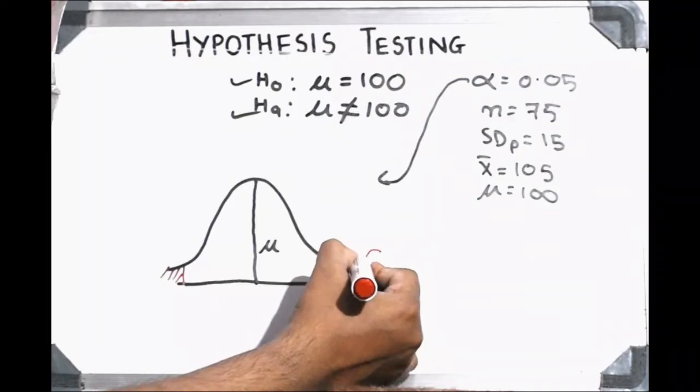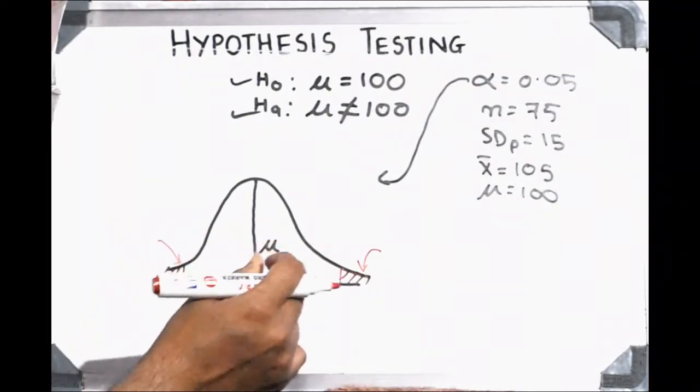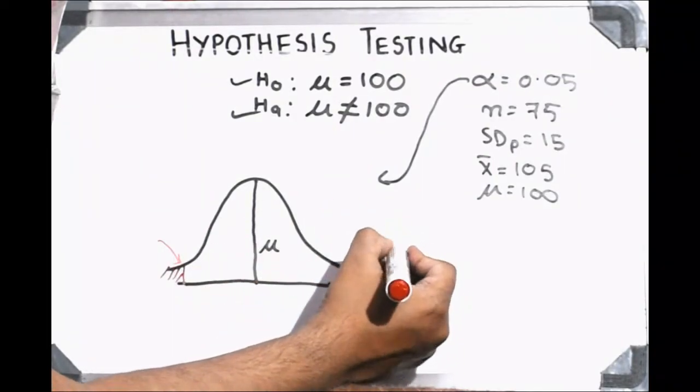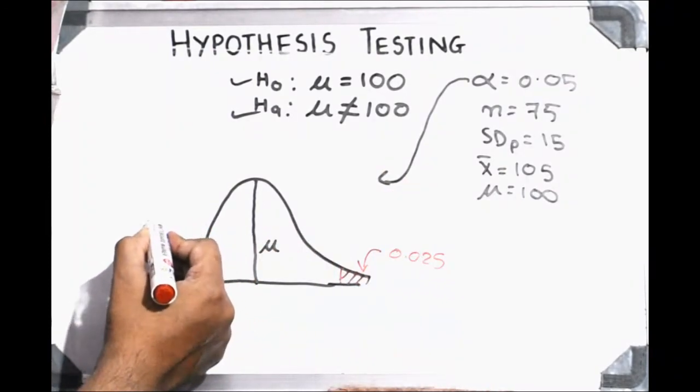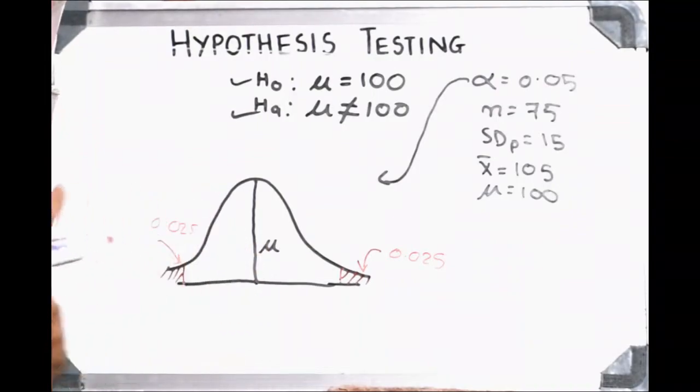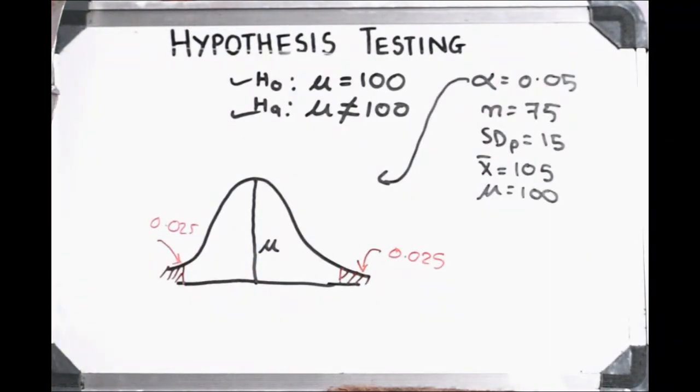What will be the area under this rejection region? It would be alpha by 2 on both sides, that means 0.025. The level of significance of 0.05 will be symmetrically distributed at the two tail ends.